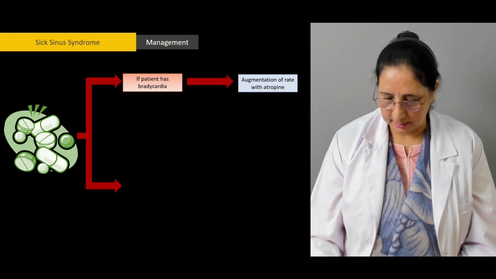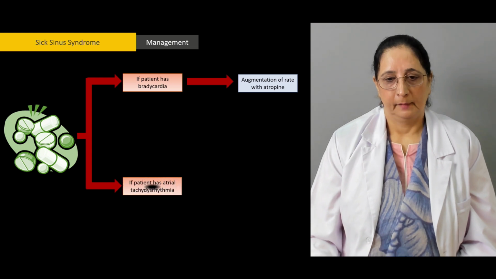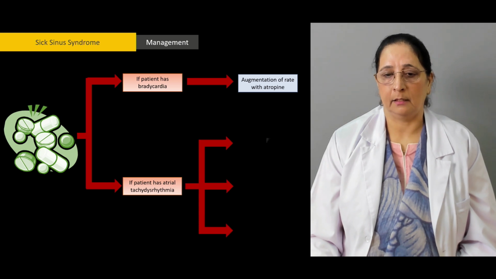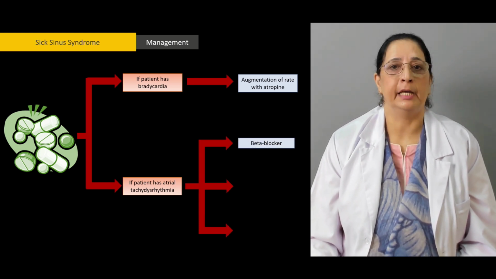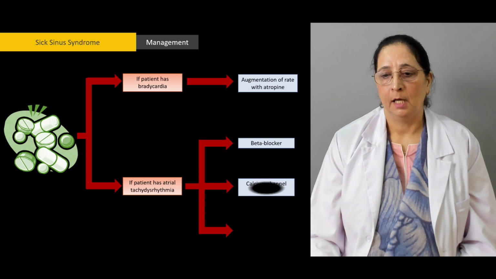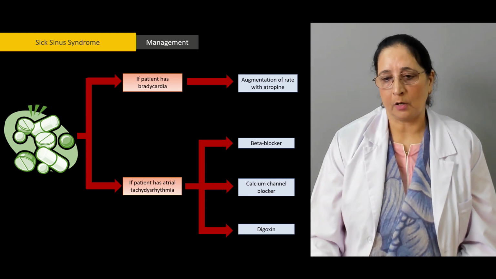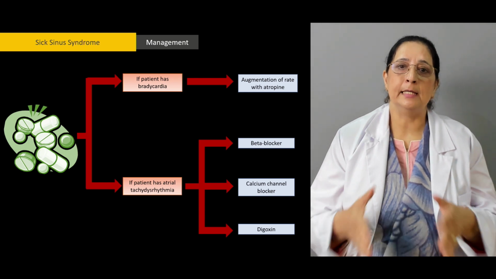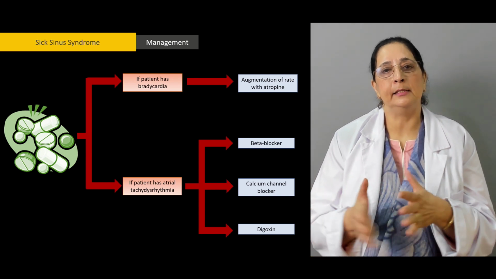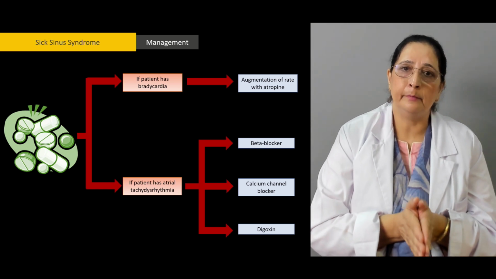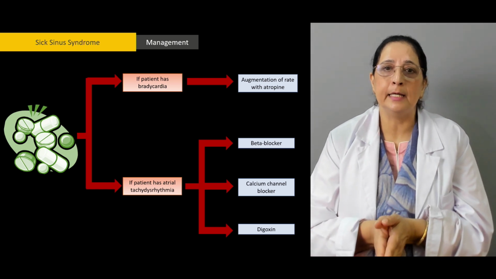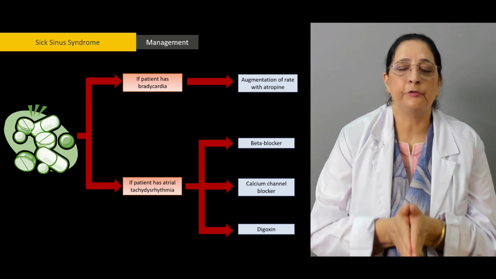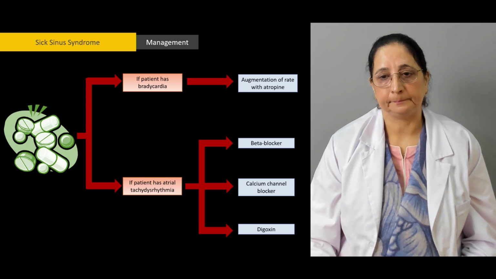Atropine increases the heart rate. If the patient has tachydysrhythmia or tachycardia, we should give beta blockers, calcium channel blockers, and digoxin as the treatment. So for sick sinus syndrome, depending on whether the patient has bradydysrhythmias or tachydysrhythmias, bradycardia or tachycardia, we treat the patient accordingly.